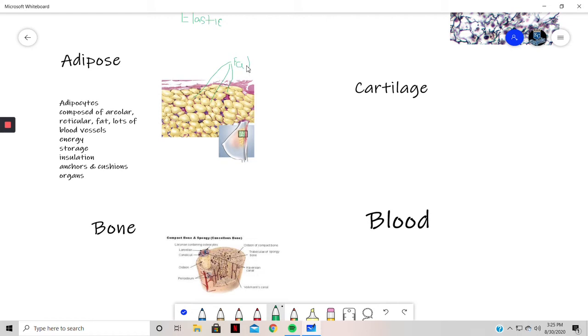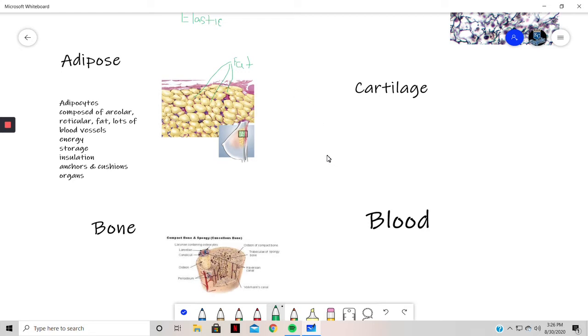Okay, we don't want too much, but in moderation, super important. Storing energy levels, all that kind of stuff. Insulation, helping to retain that heat. So even though we don't want too much, even though I have too much, it is a helpful aspect of our lives. So there we go.